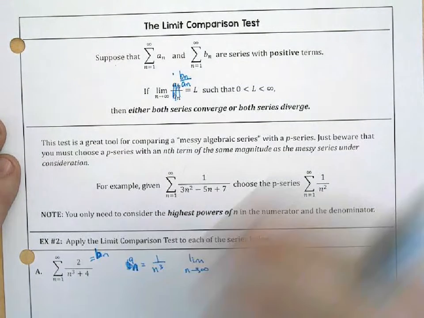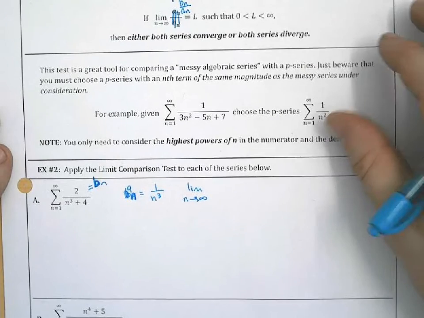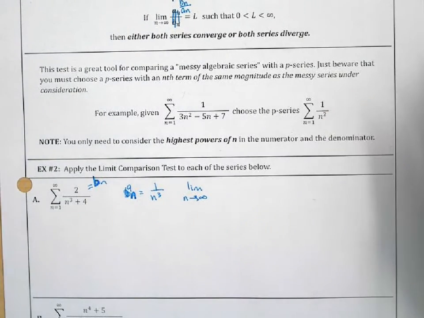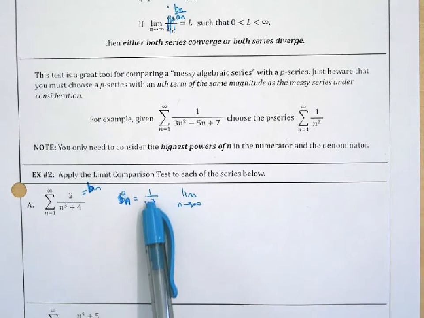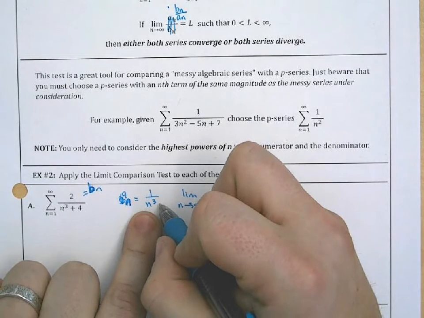Because of how simple this one is, would this be one where we could use that other test we just did? Because it's monomial, yeah, we could have used it. I think what we would have found is that the inequality was false. So when the inequality is false, you can jump here, or you can use this first. What do we know about 1 over n cubed?